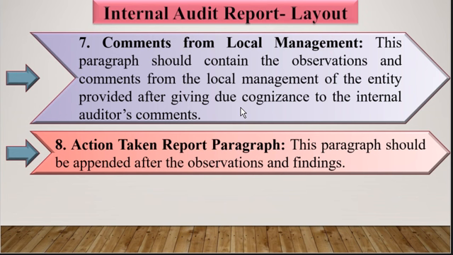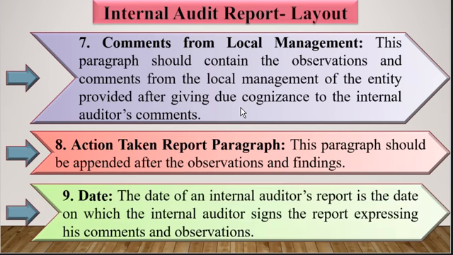Then status of compliance or corrective action not taken by the auditee with respect to previous internal audit observations and the reasons for non-compliance thereof, and the revised timelines for compliance of all open items, with fixation of the responsibility of the concerned process owner.